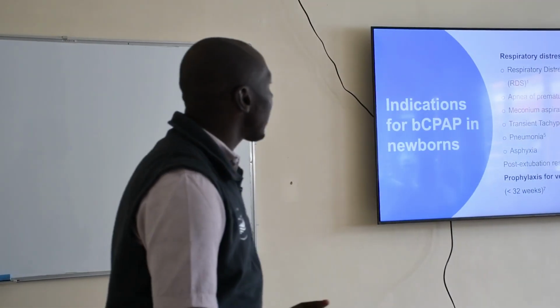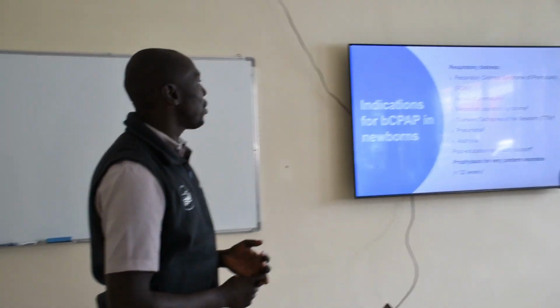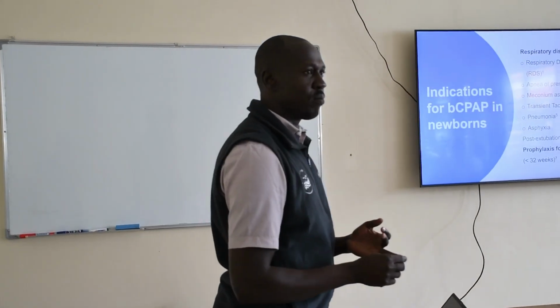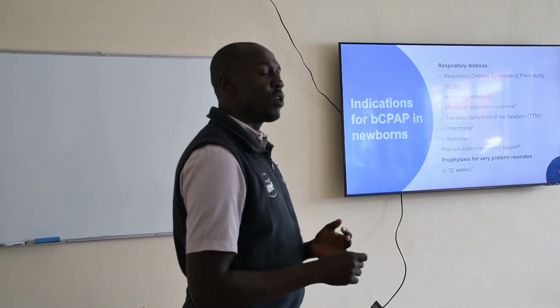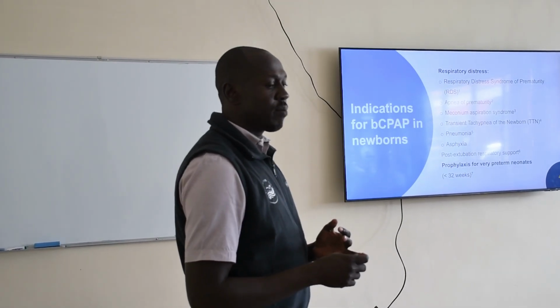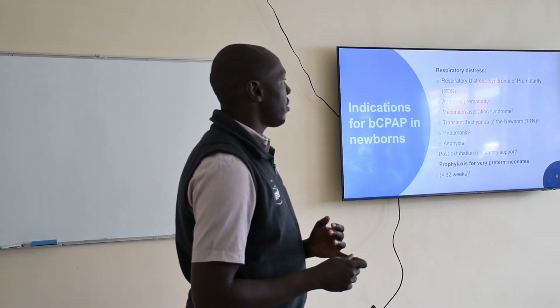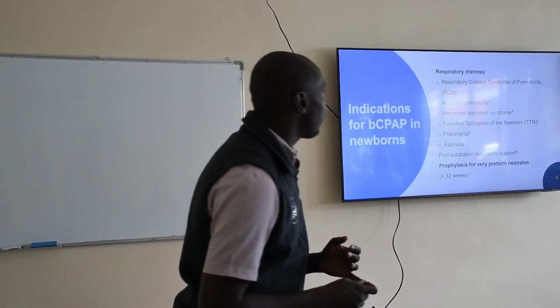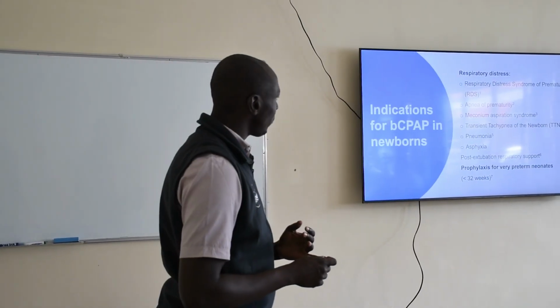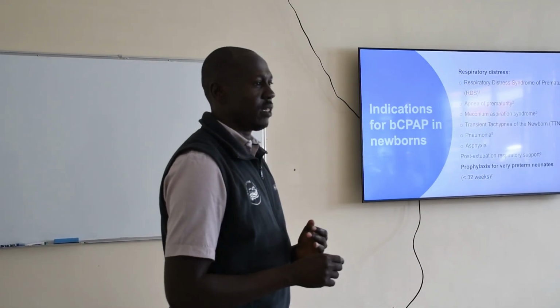Yeah, we have mentioned RDS, apnea of prematurity, meconium aspiration syndrome. Meconium aspiration syndrome is one of the indications for the use of CPAP. Transient tachypnea of the newborn. Pneumonia.